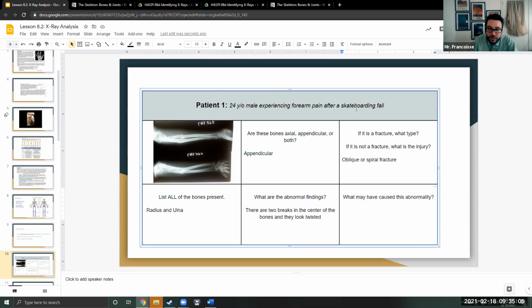Obviously he fell, but how would falling off a skateboard impact his arm? After he fell off the skateboard, what may he have done? What could he have done after he fell off to cause this break?